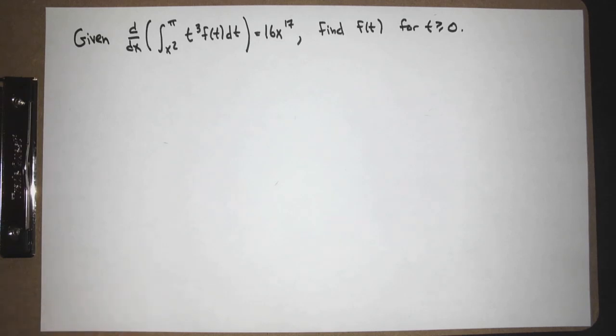So given that the derivative of the integral from x squared to pi of t cubed f of t dt is 16x to the 17, find f of t. And that's for t greater than or equal to 0. What can we do? What can we do?